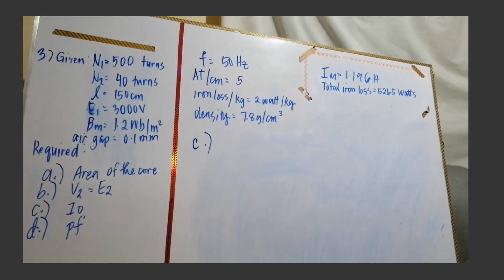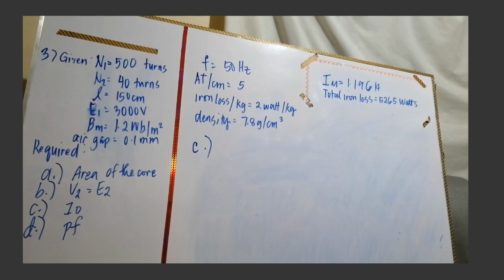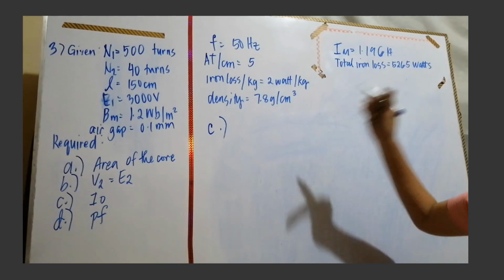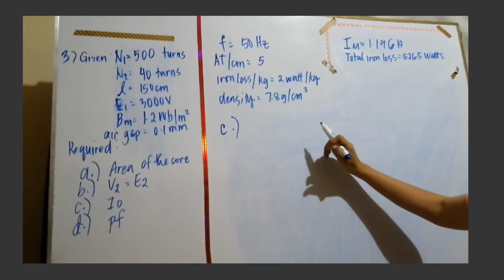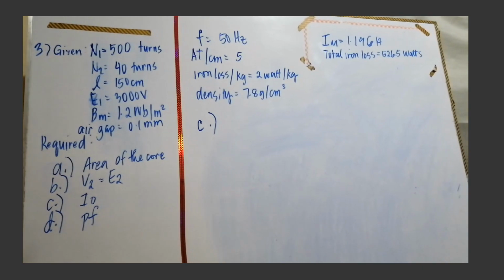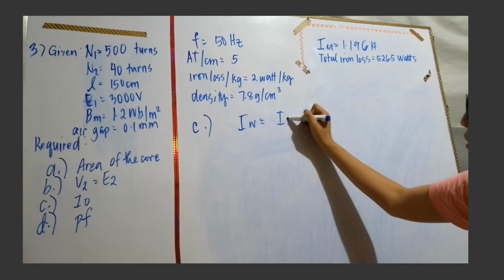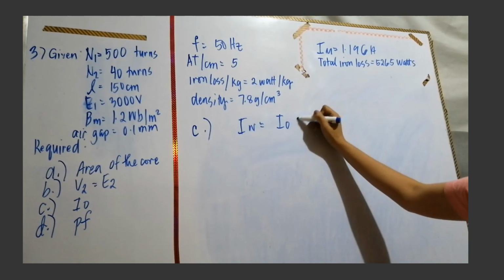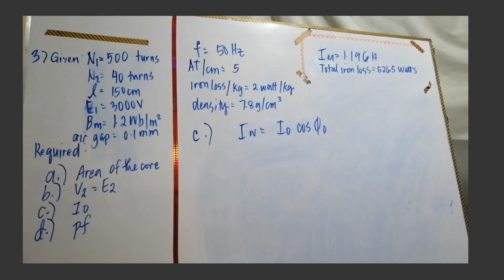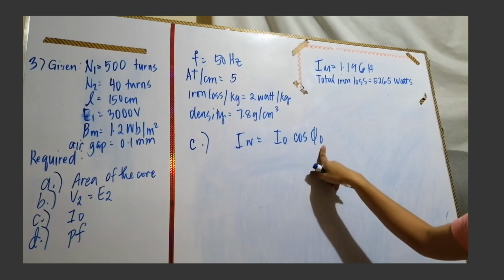Okay, so we already have the values for I sub mu and the total iron loss, which is 526.5 watts. Now we can solve for the working component, or the iron loss component, which is I sub W, which is equal to I sub 0 times cosine phi sub 0. But the problem is we do not have these variables.